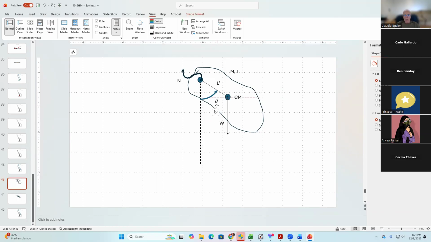Angle theta right here. And we are going to apply Newton's second law for a rigid body to find the equations of motion.